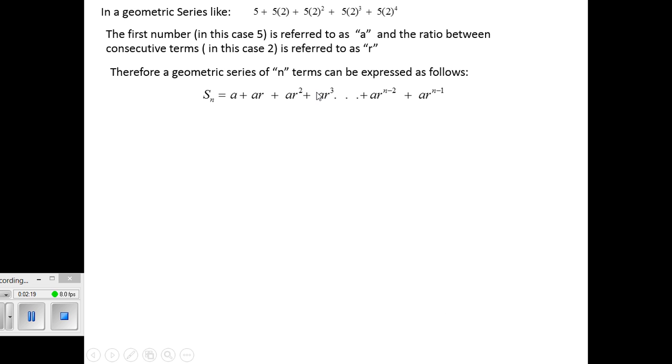So as a very general expression, a geometric series is going to look like the sum of n numbers, generated as a plus ar plus ar squared plus ar cubed, so on and so forth.